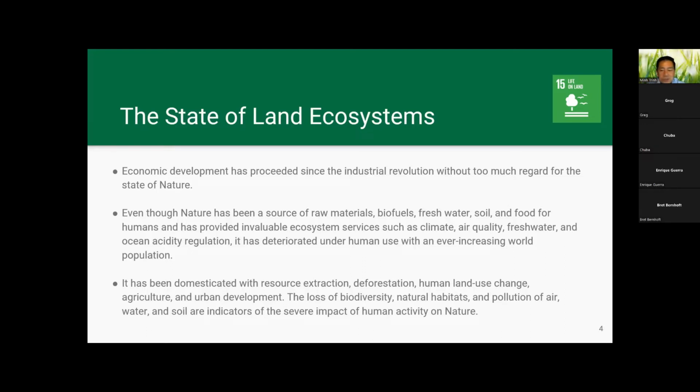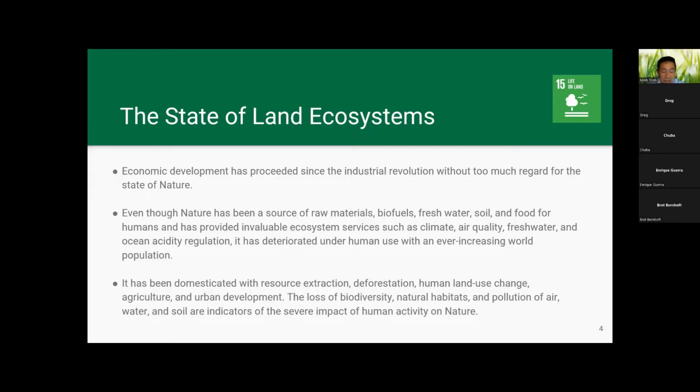We went through the Industrial Revolution without too much regard for the state of nature, even though nature is a source of raw materials, fuels, fresh water, soil, food, forests, and has provided invaluable ecosystem services, such as climate, air quality, fresh water, ocean acidity regulation, even CO2 regulation. It has deteriorated under our stewardship.